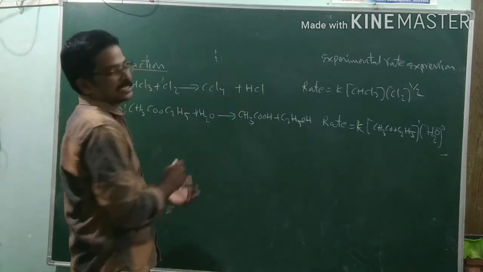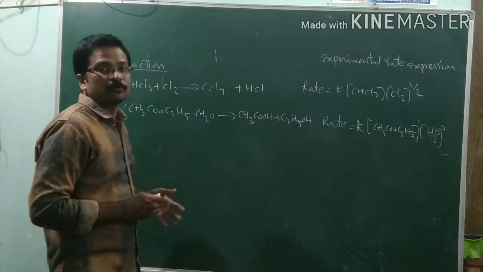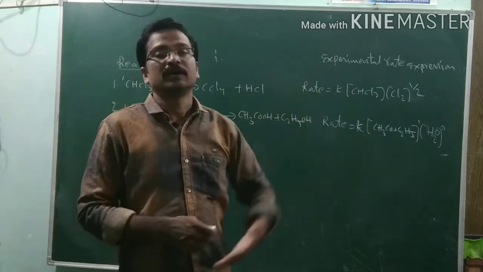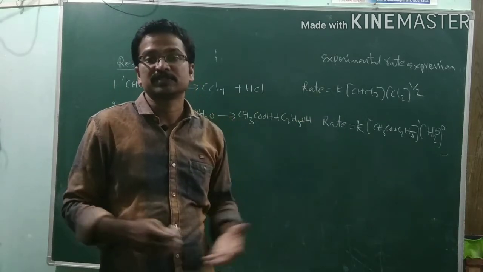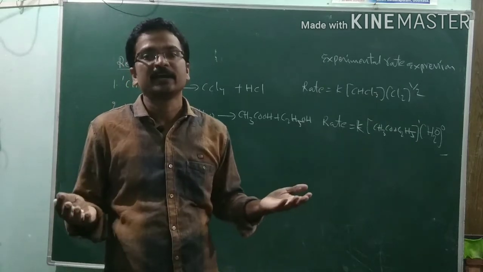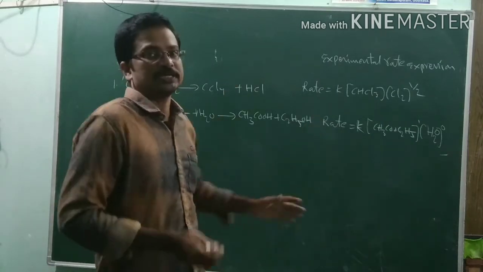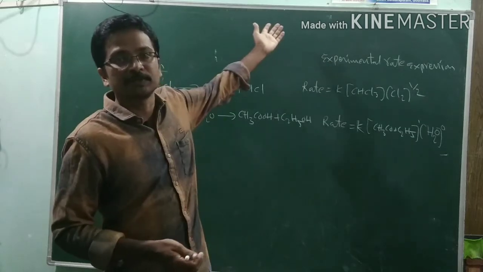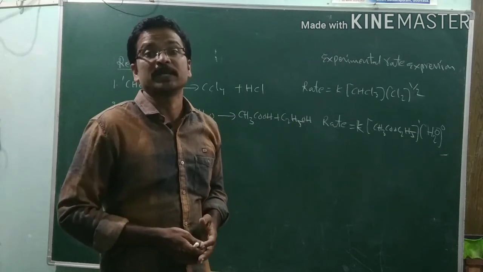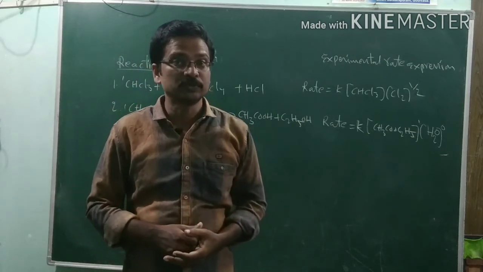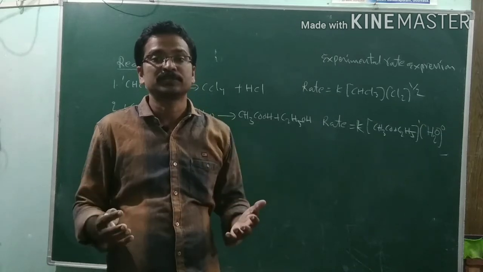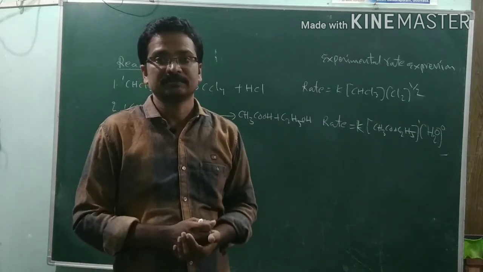In these two cases, the stoichiometric coefficients are not equal to the exponents which come from the experimental data. So experimental data and theoretical data are not equal in these two examples. In the previous example, 2NO plus O2 gives rise to NO2, and in that case the exponents and stoichiometric coefficients are equal to each other.